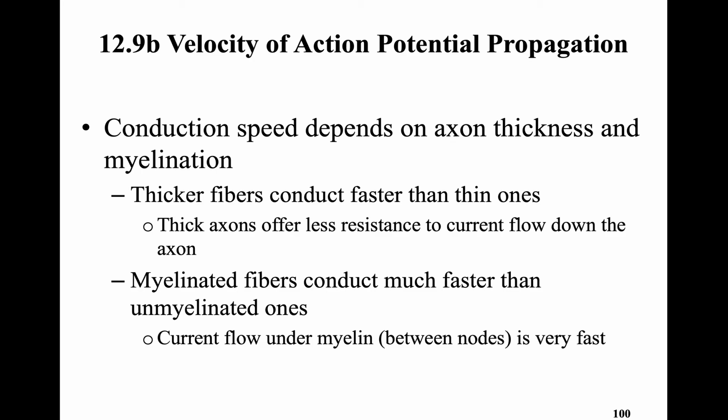Also, if it's myelinated, it goes faster. So what combination do you think would make it the fastest possible? It has to be a thicker fiber, which means it's got to be bigger, and it has to be myelinated.